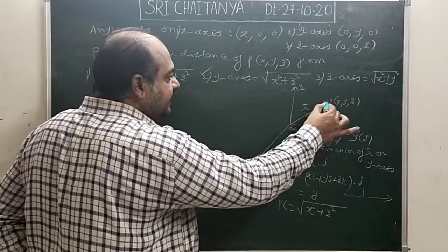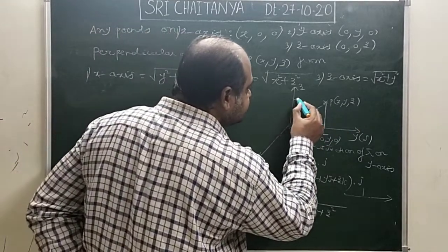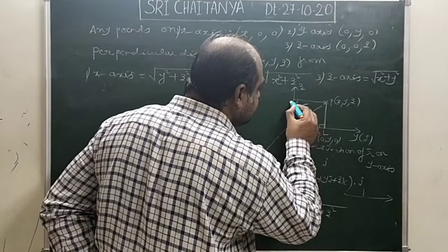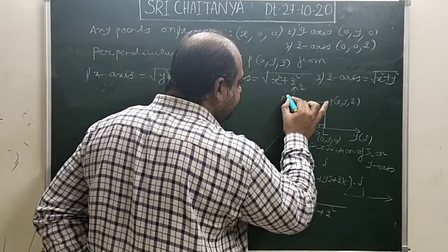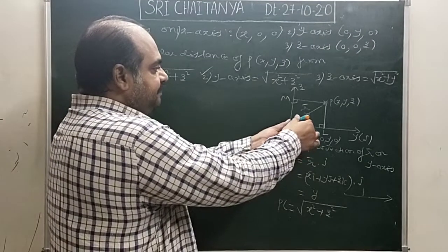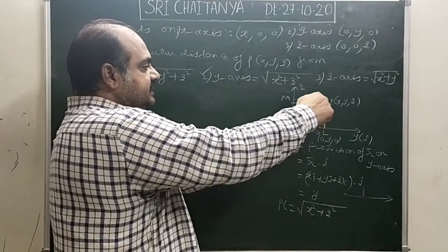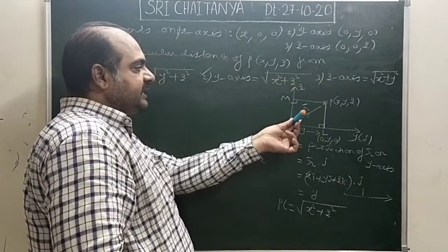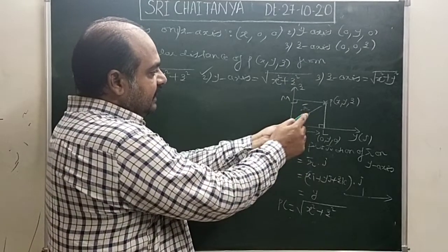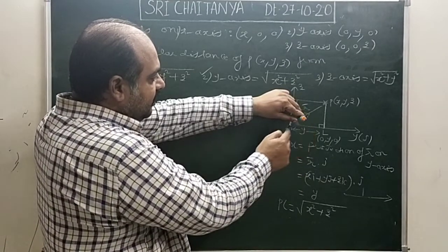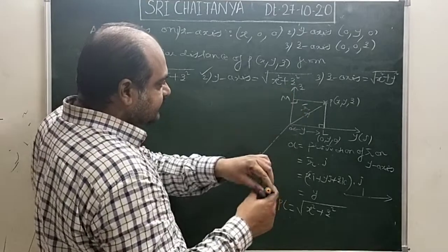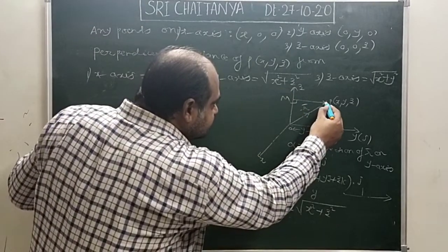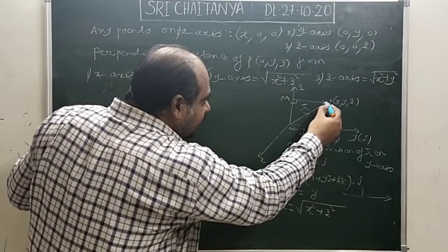Similarly, the perpendicular distance from P to the z-axis will be like this. Let us say this is PM. P is like this. From here I have dropped a perpendicular from P on the z-axis. Similarly, from P I will drop a perpendicular on the x-axis. I will represent it like this. So P is in space, not on the board.